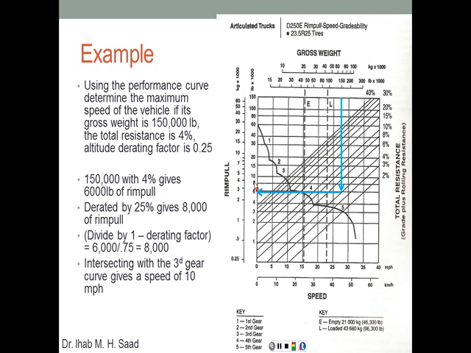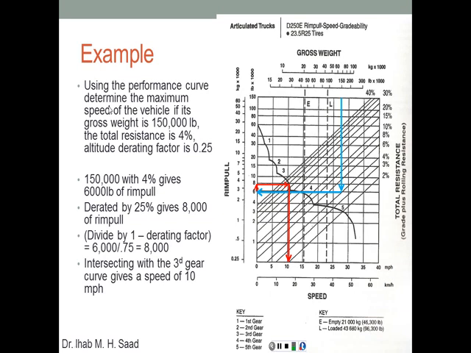So at a rim pull of 8,000 pounds, we're going to check third gear, which is going to give us a speed of about 10 miles per hour. So this equipment can operate in the third gear at this altitude with a speed of 10 miles per hour.